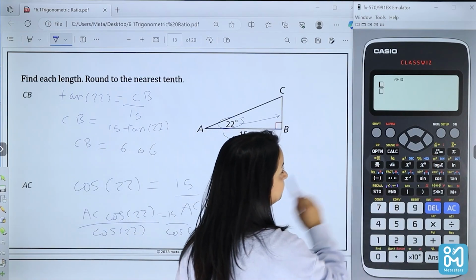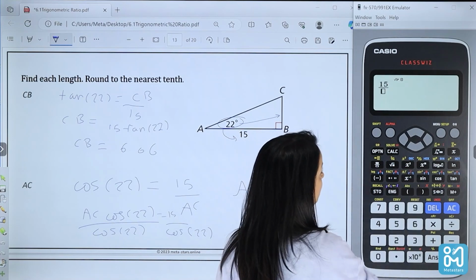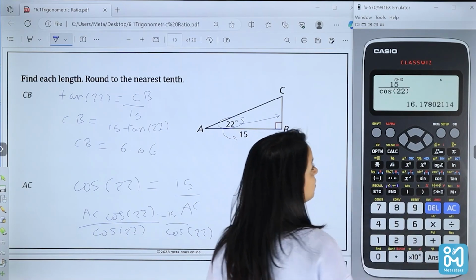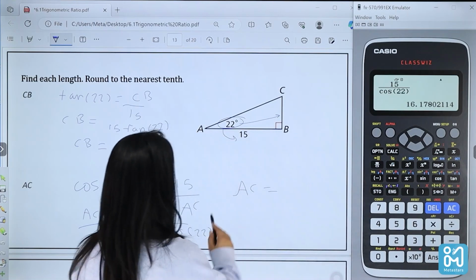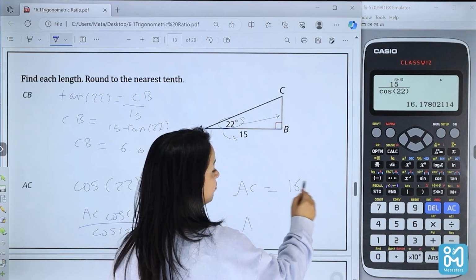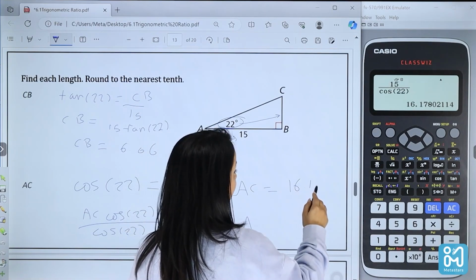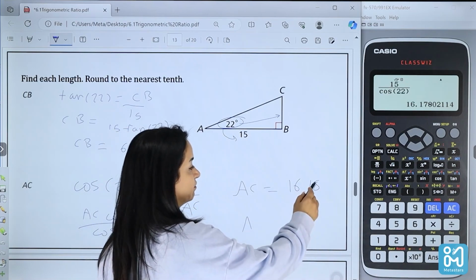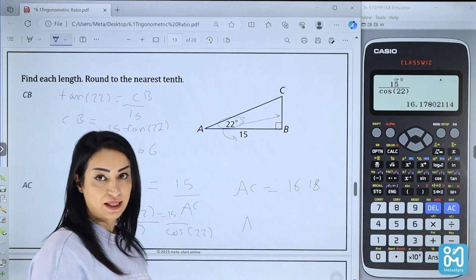So AC is equal to 16.18, or 16.2. It depends whether we round to the nearest hundredth or to the nearest tenth.